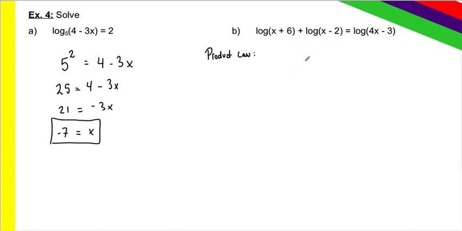So by the product law, we would take the product of the two things in the brackets. This gives us log of x plus 6 times x minus 2.